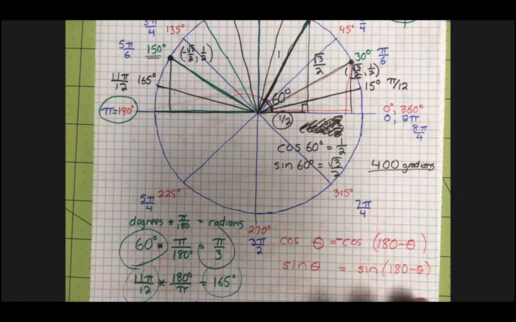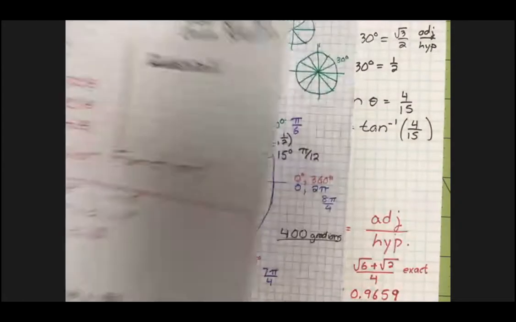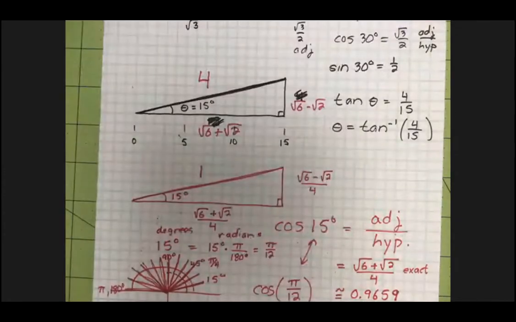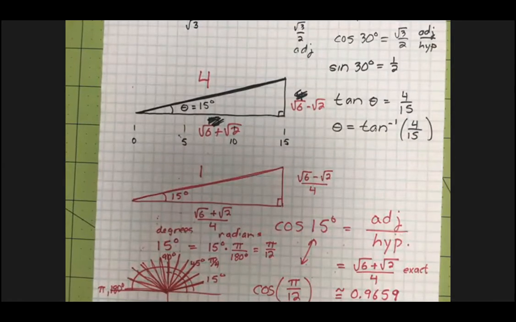Okay. Let's do some more things with the unit circle. I'm just going to pick out a couple problems from your book here in this section, and then we're going to move on to the next section. I'm looking in section 3.3 right now.